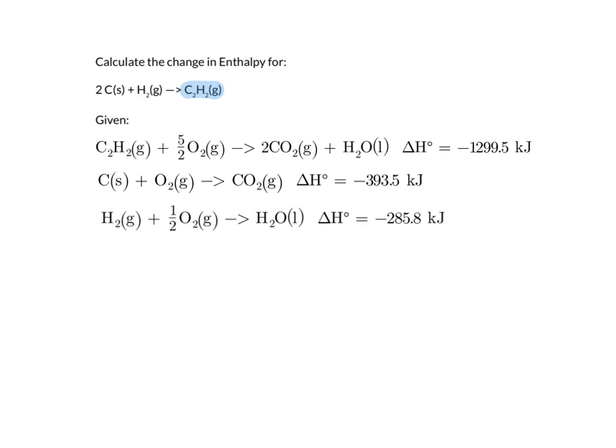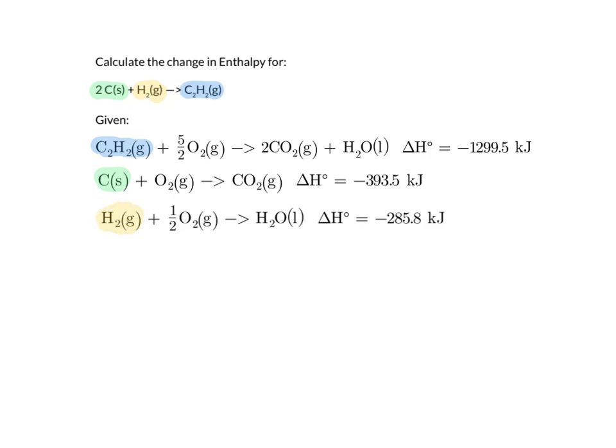This C2H2 compound only shows up in the first step. My carbon solid shows up here, and that's the only place it shows up, and my hydrogen gas shows up here, and that's the only place it shows up.